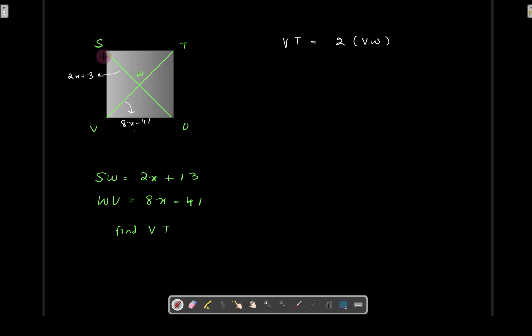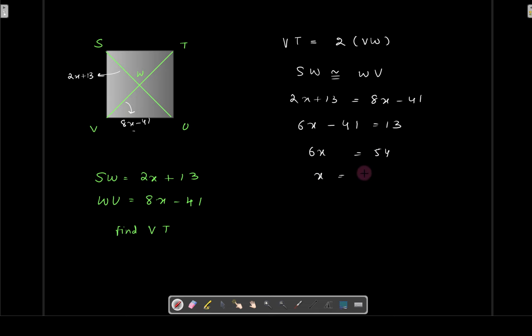And how will you solve for x? See, your SW will be congruent to WV. So 2x plus 13 is equal to 8x minus 41. So you'll get 6x equals 54.